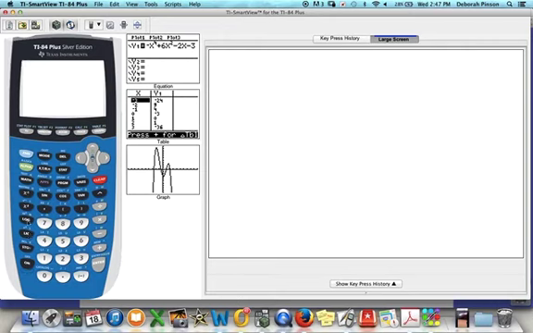So we can only deal with log base 10 or natural log, which is log base e. Nothing else. Log base 2, log base 5, we can't do those in the calculator. The calculator's not programmed to do that.